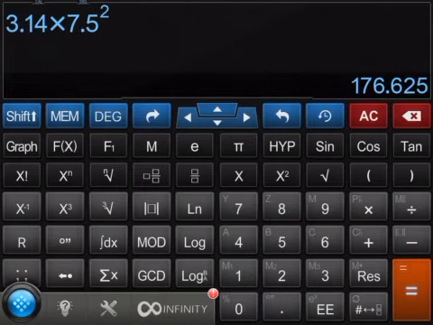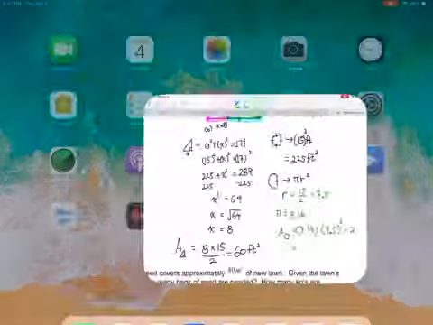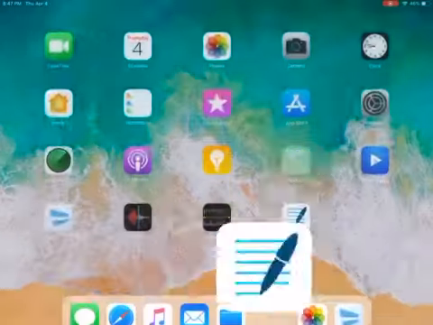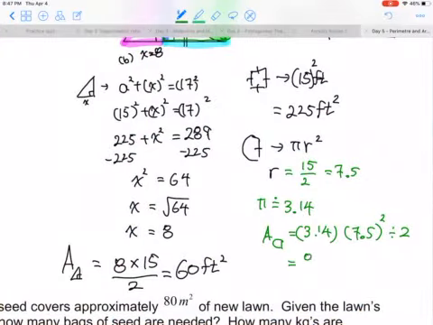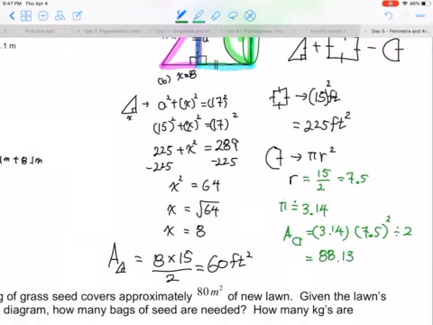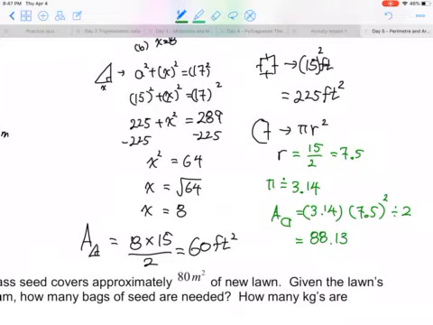Now, that one is 176, but don't forget that we have to divide everything by 2 since it's a half circle. So it was 176, and then divided by 2, that gives me 88.13. Now, it says nearest decimal. Well, you can round it in the middle or at the end. I usually recommend rounding at the end.